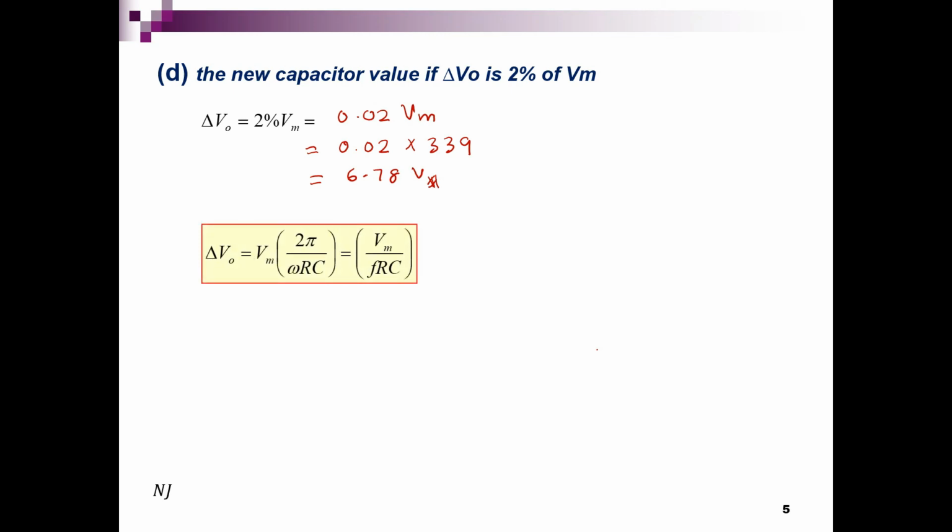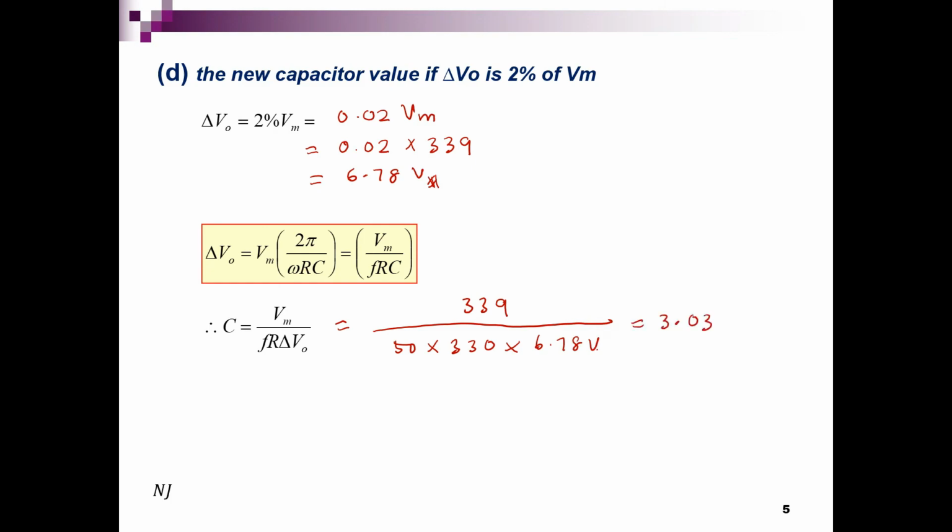So rearranging, we will get C equal to Vm over f R delta Vout. So the new capacitor value is 3.03 milli farad.